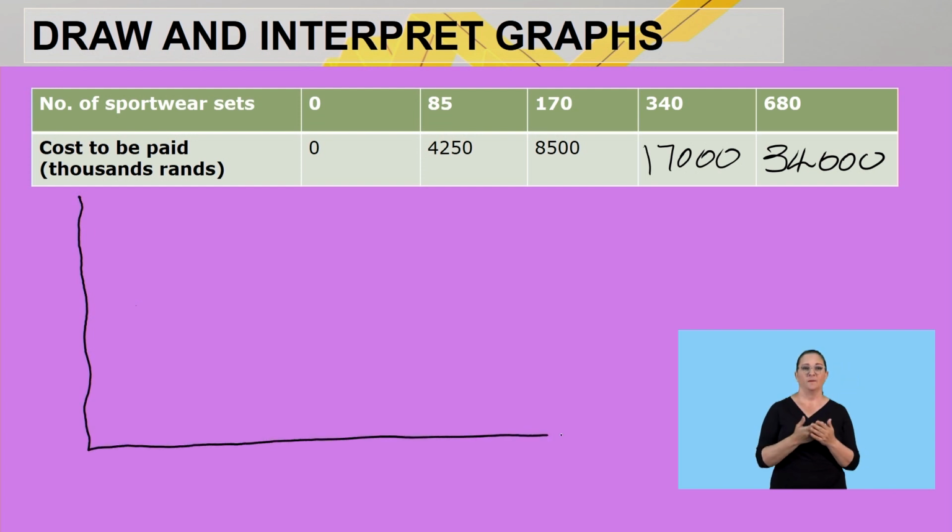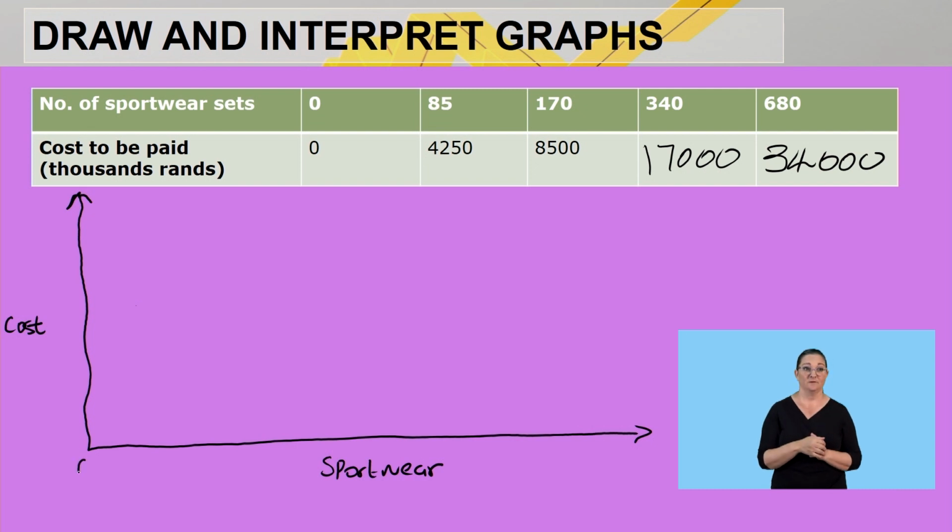So you take your straight line ruler. Your ruler has centimeters and millimeters, so you can choose any of those scales that you can use. So now from here, you will have your sportswear, and then this side you will have your cost in thousand.